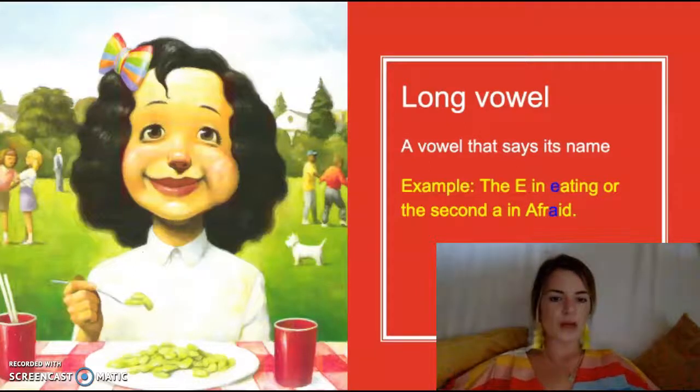That's not how we say the word. We say eating, and the E says its name. Another example would be afraid, aid. We don't say a-frod, right? We don't say that. We say aid, and the A says its name. So both of these are examples of long vowels.